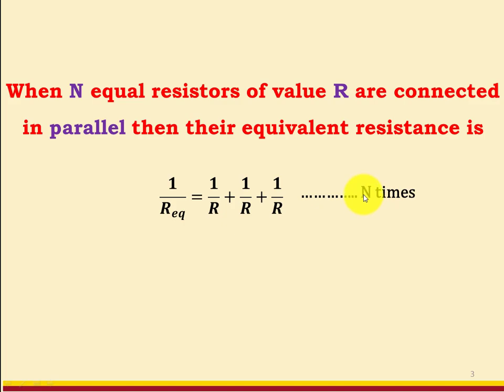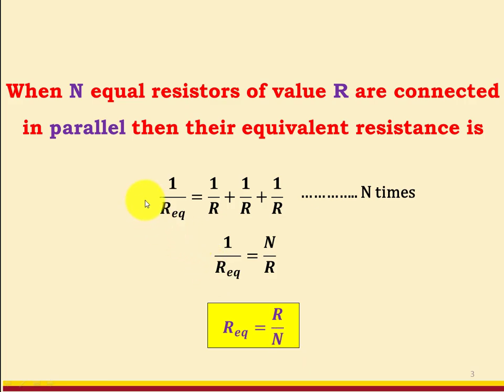So n can be anything: 2, 3, 4, any number. How much will this addition be? It will be 1 plus 1 plus 1, and so on up to n times, divided by R, because R is the LCM. So 1 upon R equivalent will be n divided by R. So what will R equivalent be? R equivalent will be capital R by n.